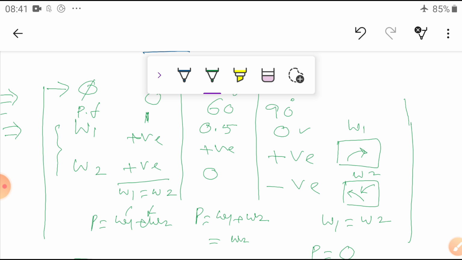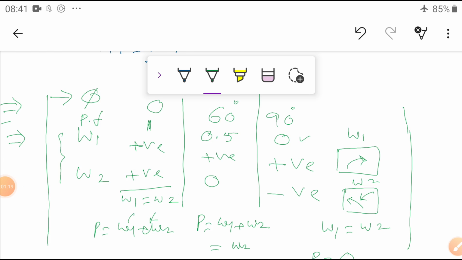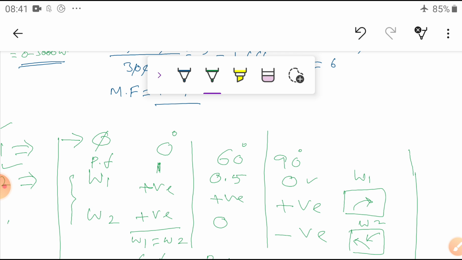If the power factor changes, the readings of the meters also change. Dear students, every student has to know these basic things before going to the experiments. Okay, so let us continue our experiments where we were.